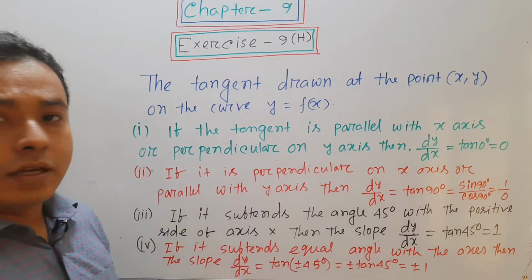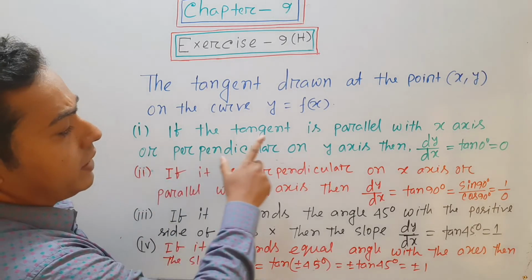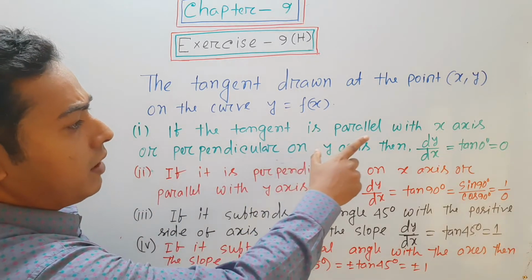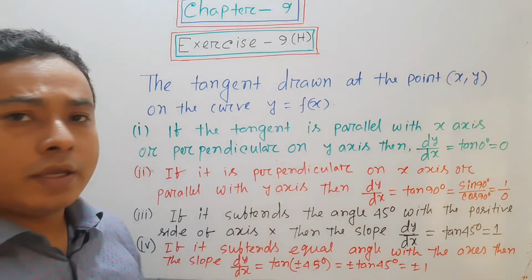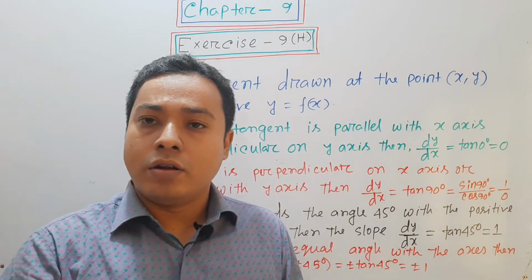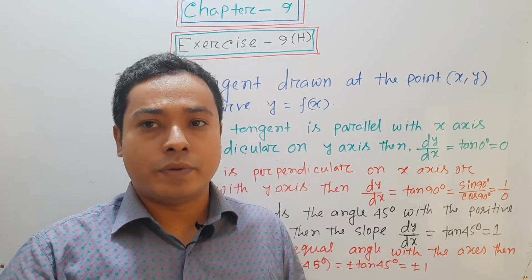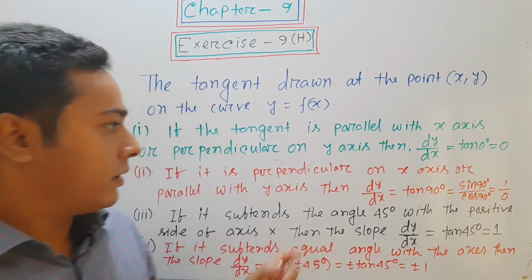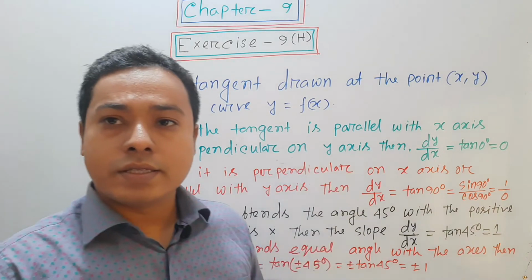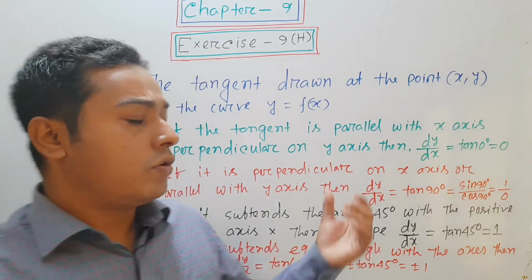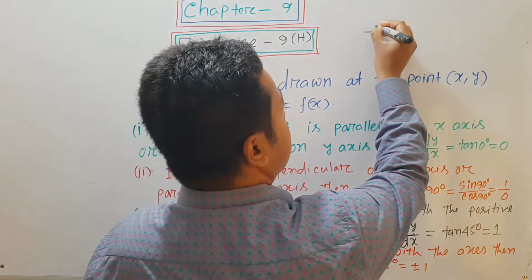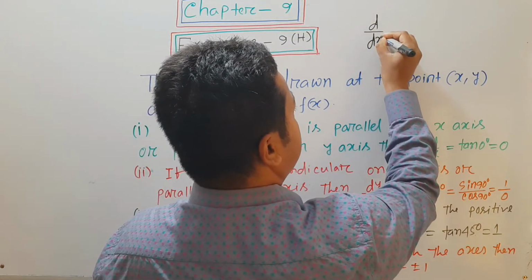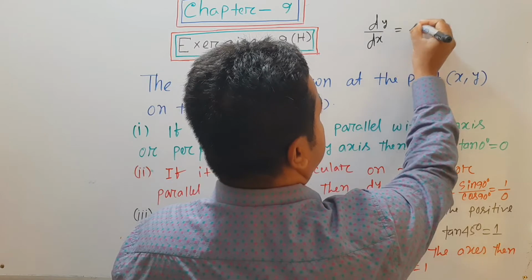For the first case, the tangent is parallel to the x-axis or perpendicular to the y-axis. If any line is parallel to the x-axis, then it will be perpendicular to the y-axis. From the previous case, we know that the slope dy/dx is equal to tan theta.